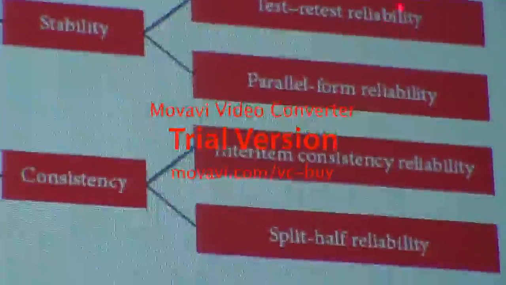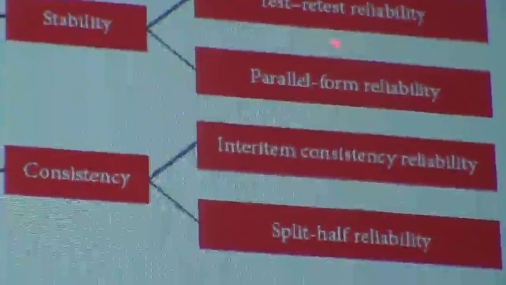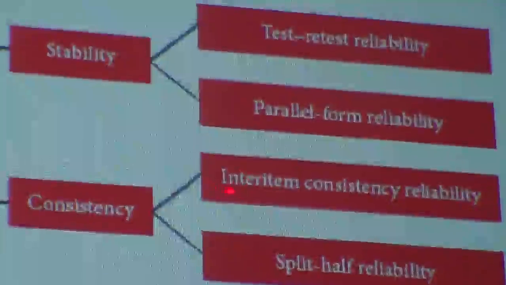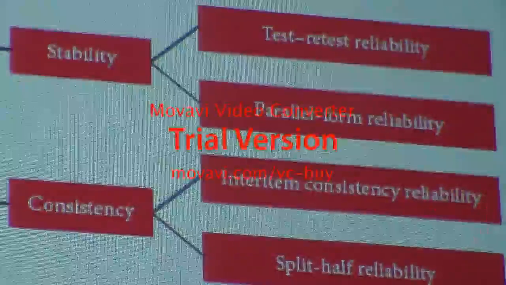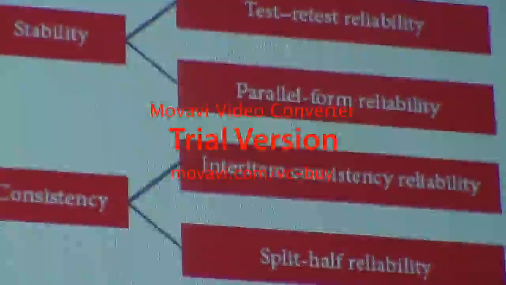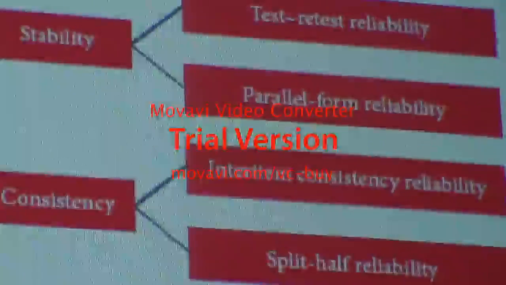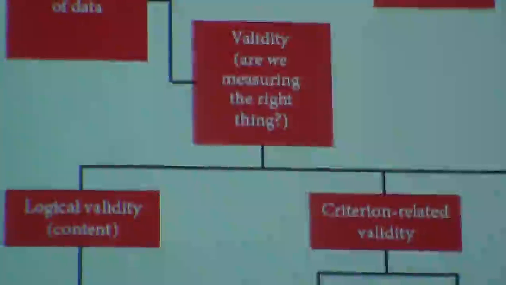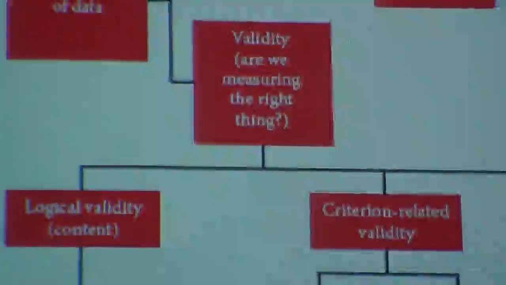Inside stability, we have test-retest reliability and parallel form reliability. In consistency, we have inter-item consistency reliability and split half reliability. In validity, are we measuring the right thing? When we validate something, we want to be sure that we are measuring what we're supposed to measure, not doing something else.